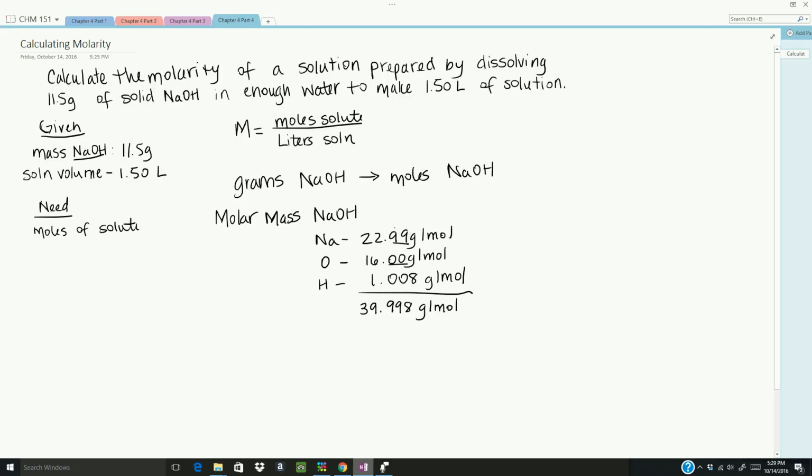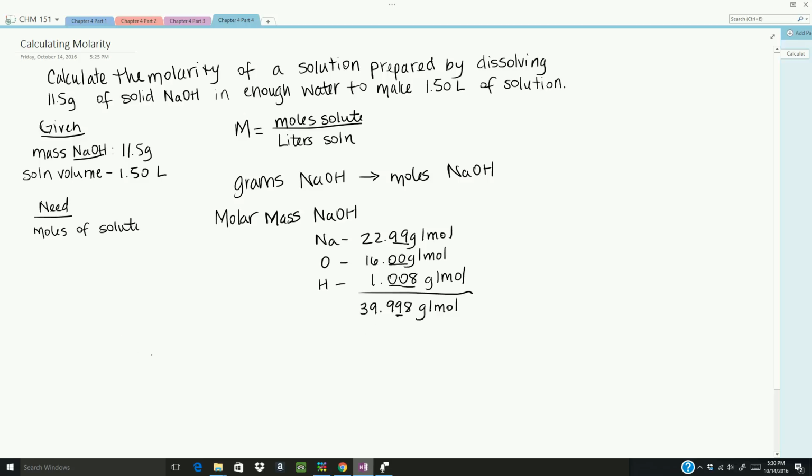We have 2 decimal places here, 2 decimal places here, and 3 decimal places for hydrogen, so our answer needs to have 2 decimal places. For right now, I'm just going to mark the 9 where the 2 decimal places would be. I'm going to keep all of the digits until we find our moles.